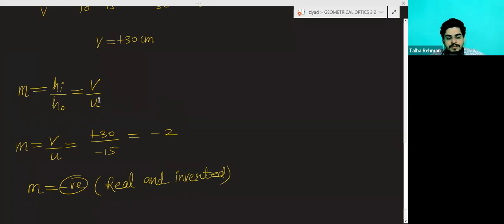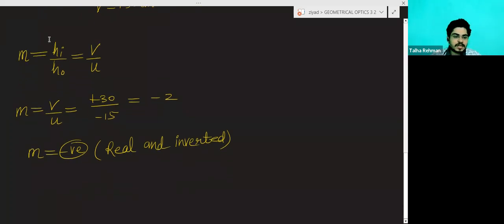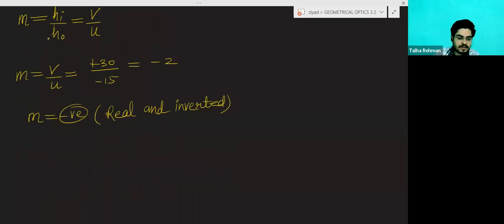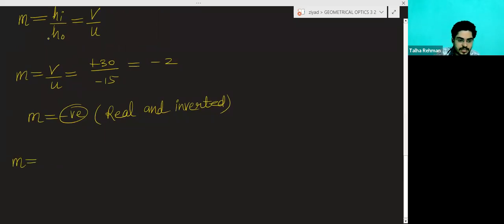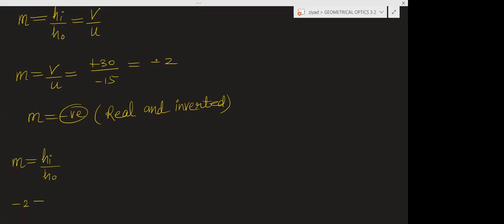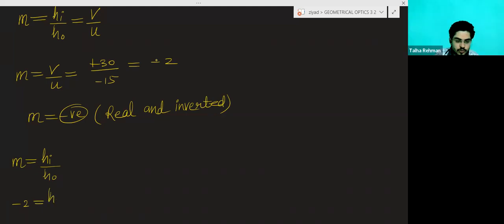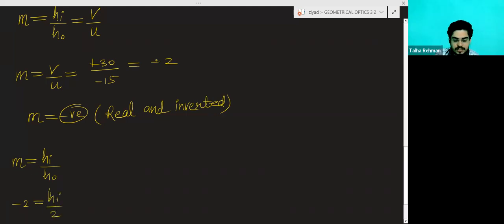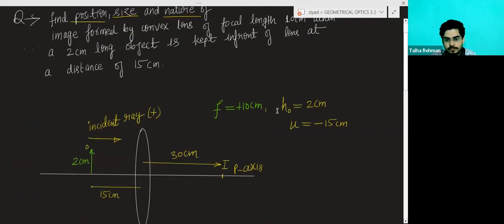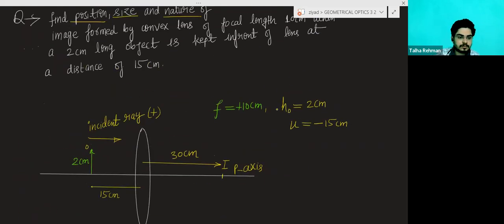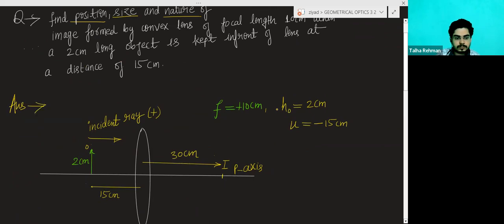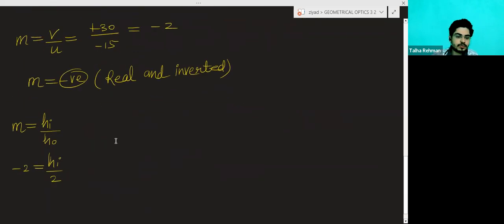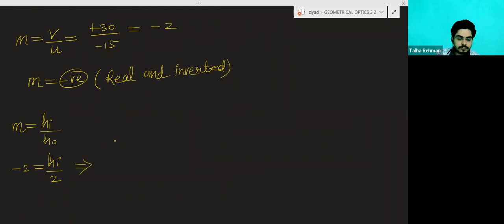After that, how can we calculate the height of the image? We can calculate it with this formula. Magnification is height of image divided by height of object. Magnification is -2. Height of image we want to find, and height of object is 2 centimeter, given. Now from here you can find height of image.